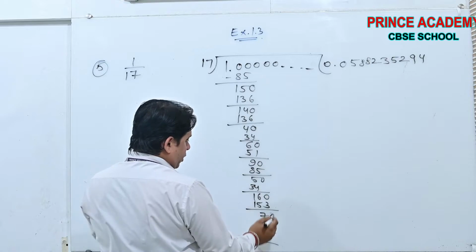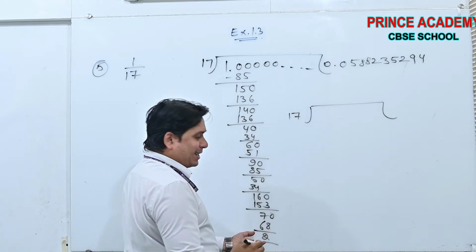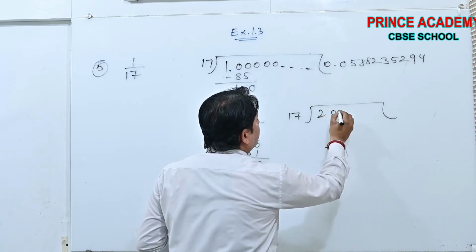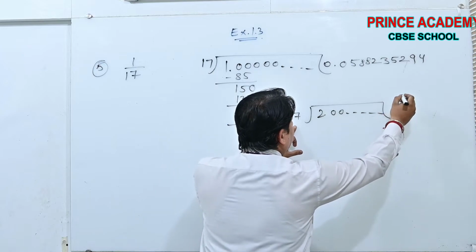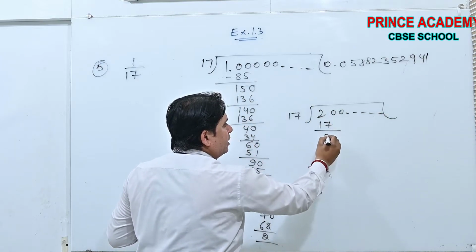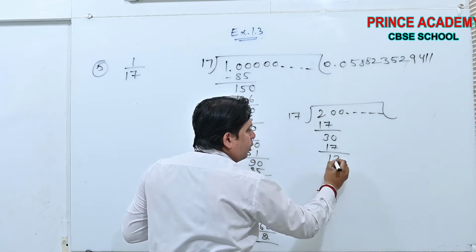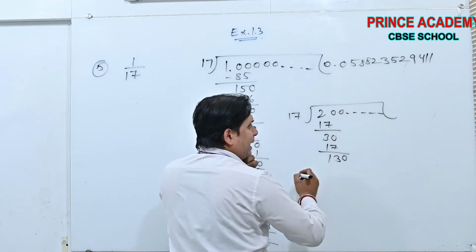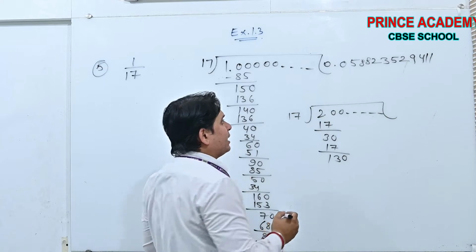See beta, I am continuing this division here. See, what is the remainder here? 2. 2.000, it will move on. Now see, 17 ones are 17. I am writing the quotient here. 17 ones are 17. 3, 0. Again 17 ones are 17. 1, 3. Take a 0 from the upside. 17 sevens are 119.